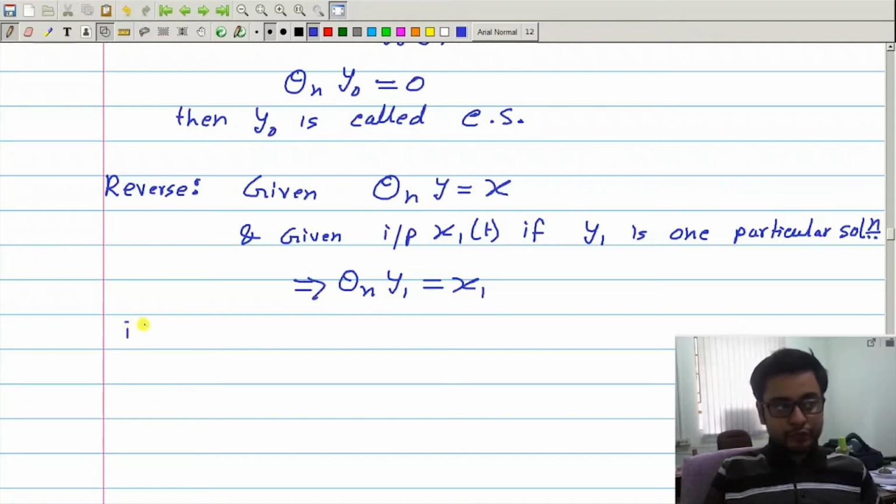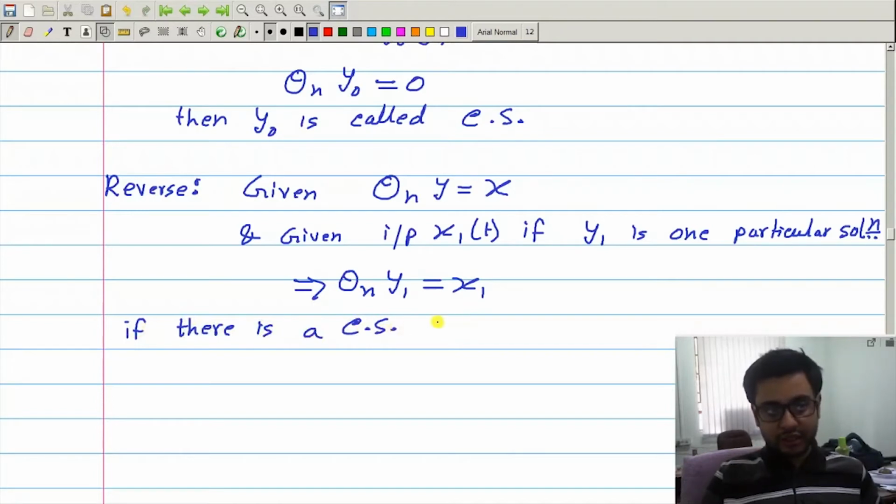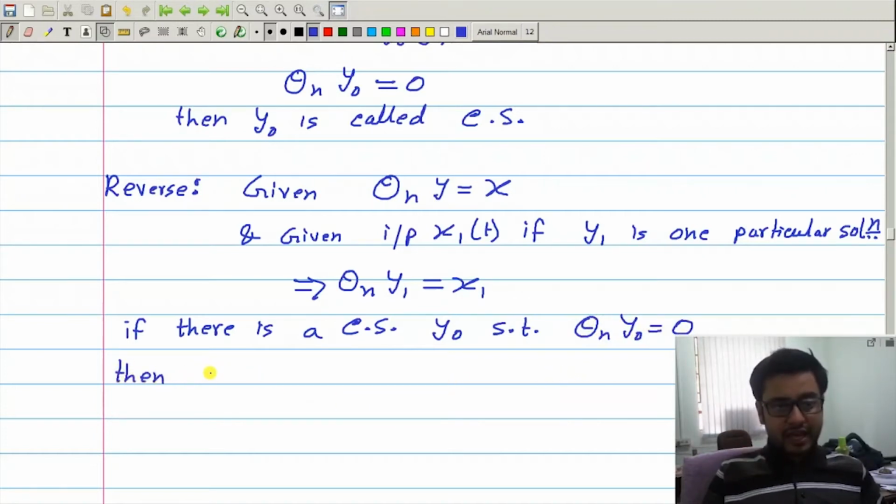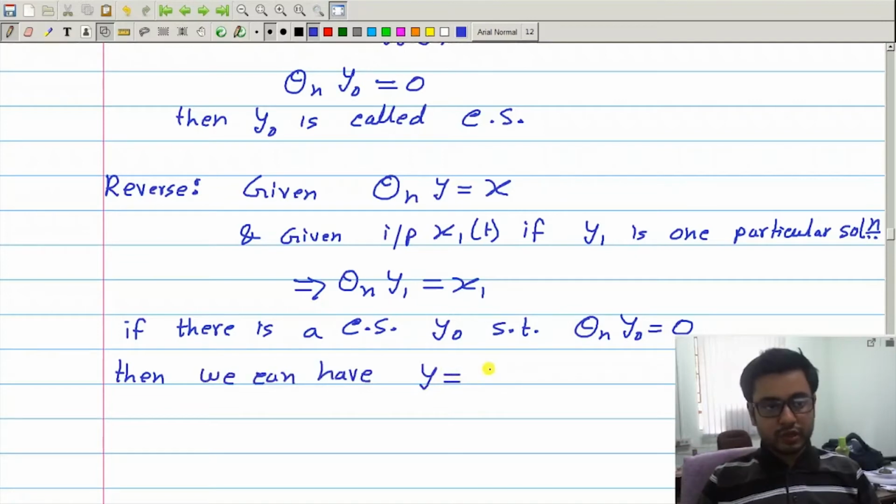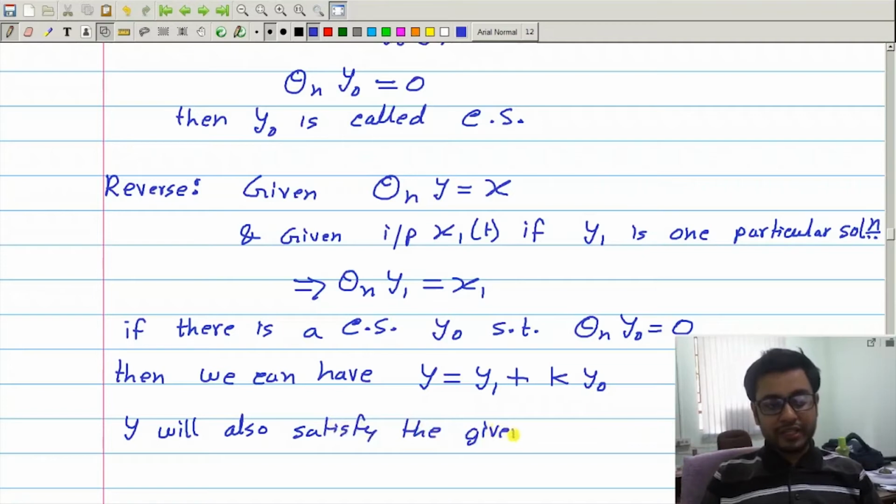Under this situation, if there is a complementary solution y0 such that O_N acting on y0 is equal to 0, then we can have another signal y is equal to y1 plus k times y0, and this new signal y will also satisfy the given differential equation.